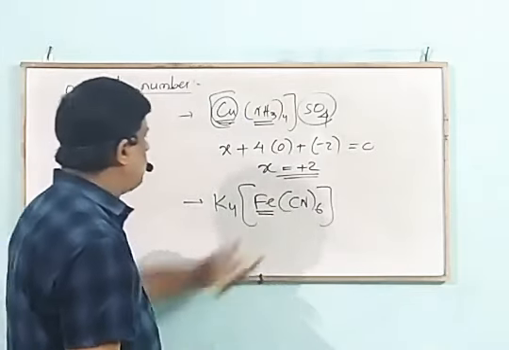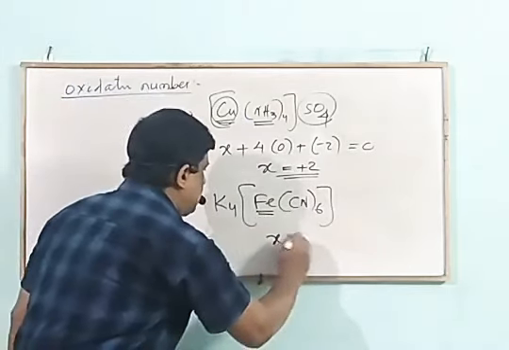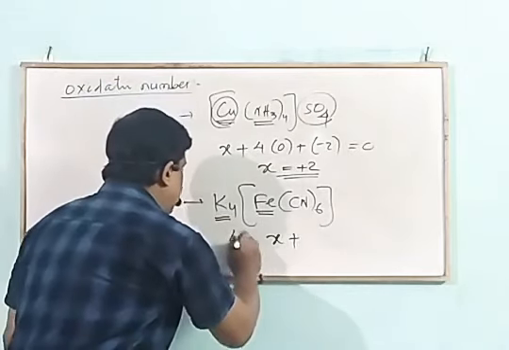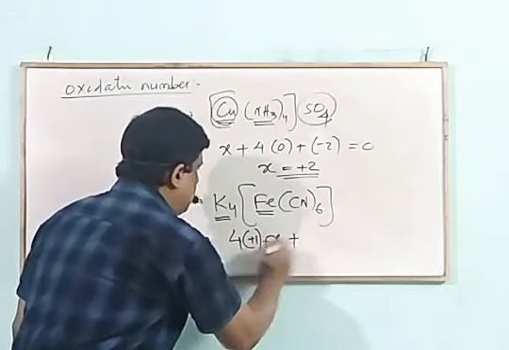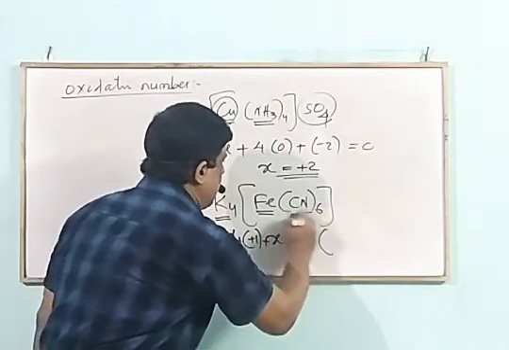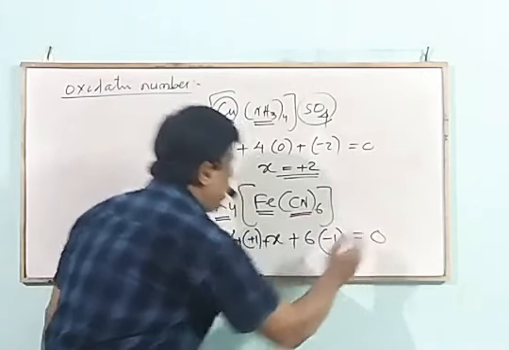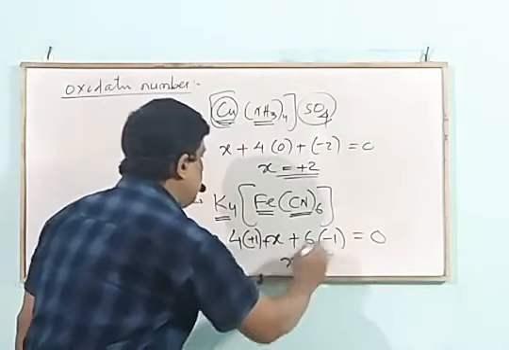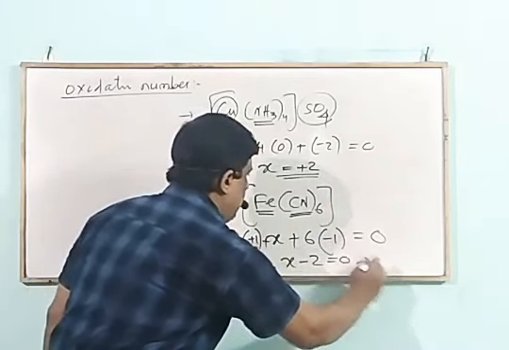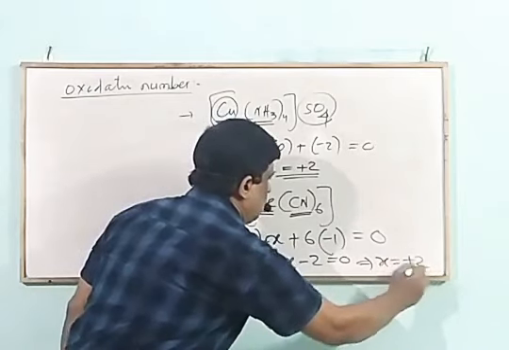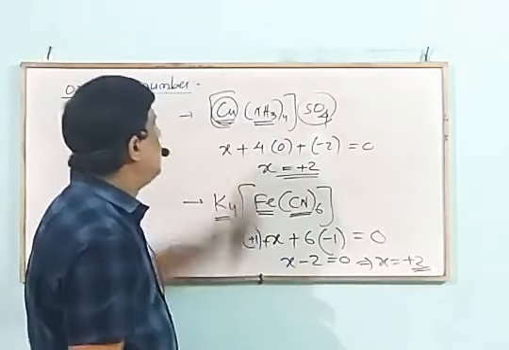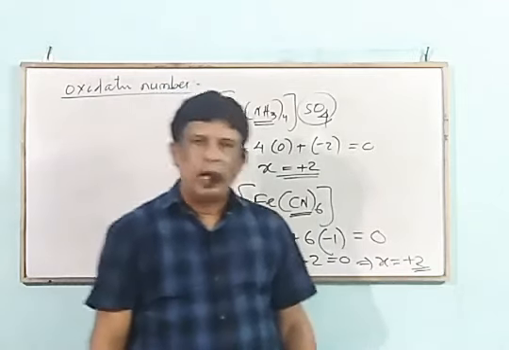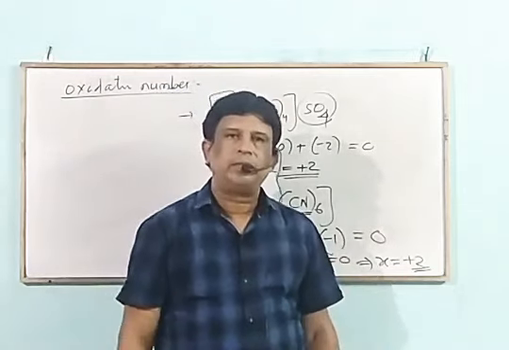We have to calculate the oxidation number of iron, let it be X. Potassium valency is 1 plus, so 4 into plus 1, plus X, plus 6 into cyanide ion minus 1, and the compound is neutral, so it is equal to 0. So 4 plus X minus 6 is equal to 0, which implies X is equal to plus 2. The residual charge is known as its oxidation number. It is represented in Roman numerals within a bracket.